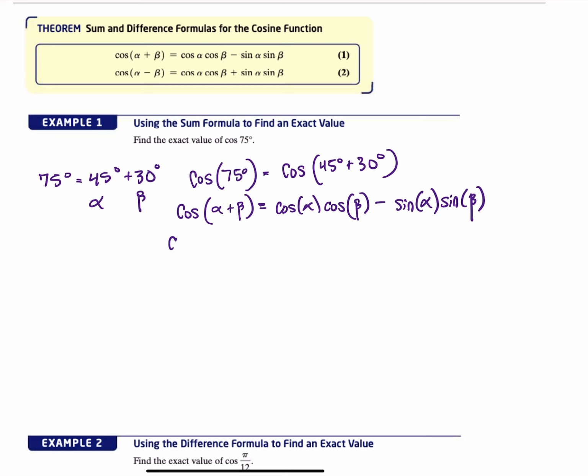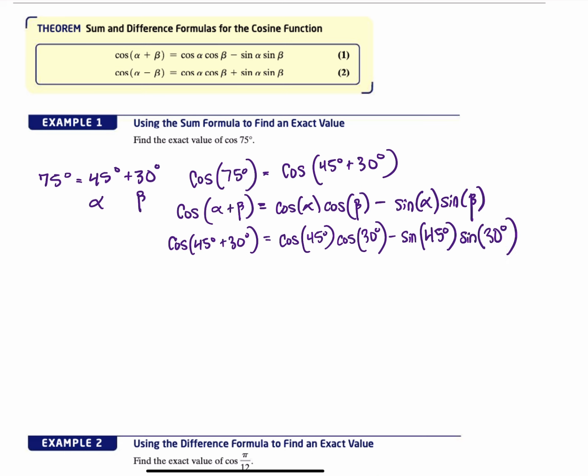For us, the cosine of 45 plus 30 will be the cosine of 45 degrees times the cosine of 30 degrees minus the sine of 45 degrees times the sine of 30 degrees.